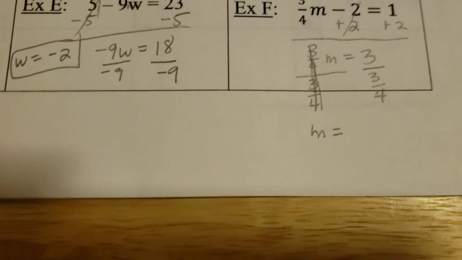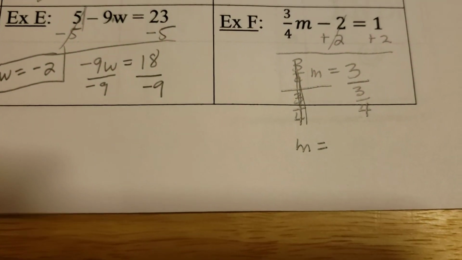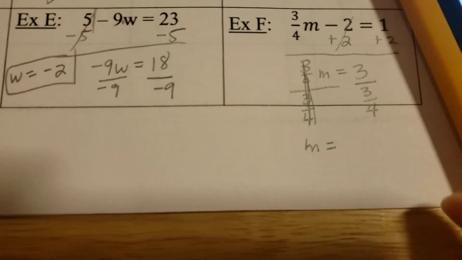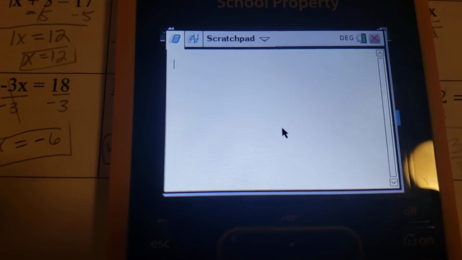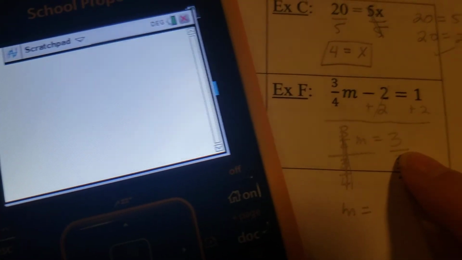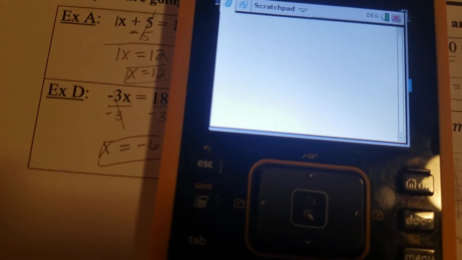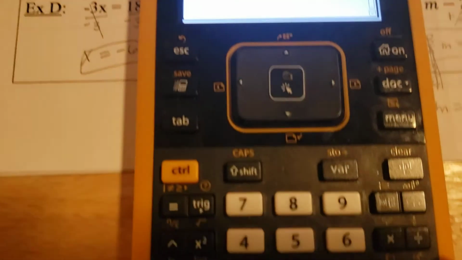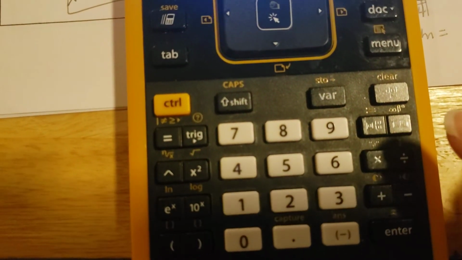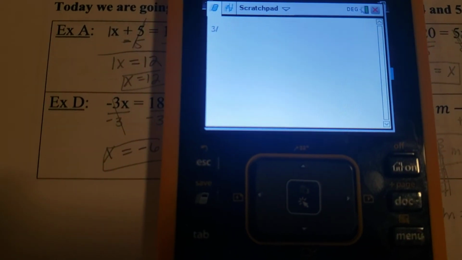Okay, and then now, like I said, we're going to go on our calculator. Okay, and we just go on the scratch pad here. And so we're going to do, what do we have over here? We had 3, right? And we are trying to divide that by 3/4. So we're going to put 3, and I'm going to put divide. And then now I'm going to put the fraction.